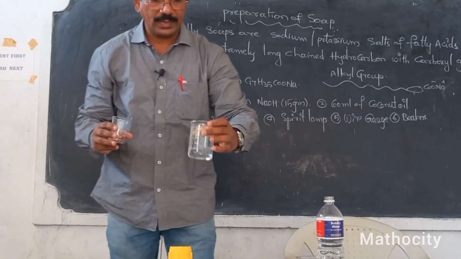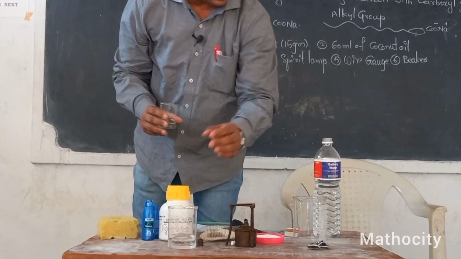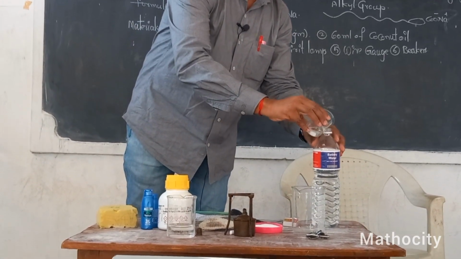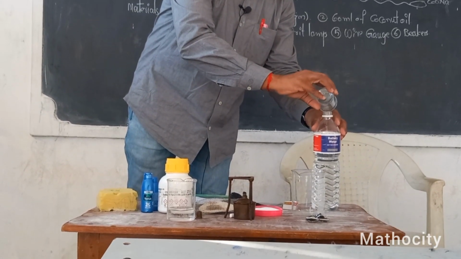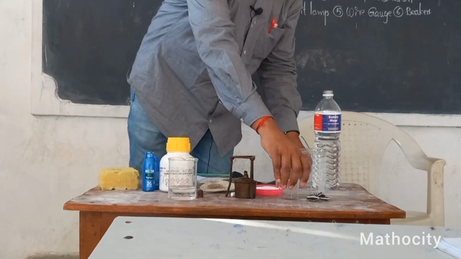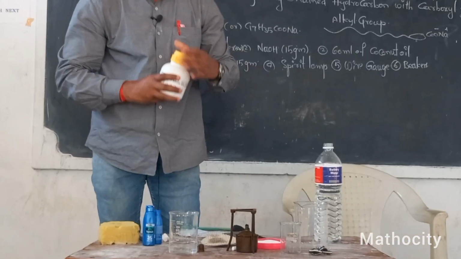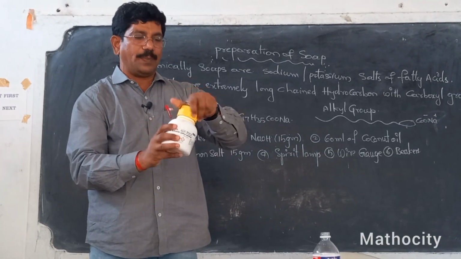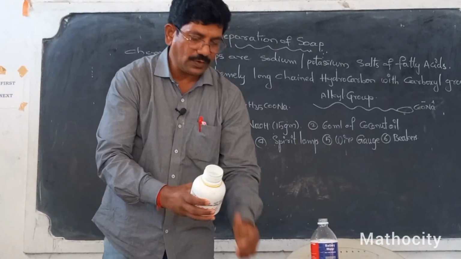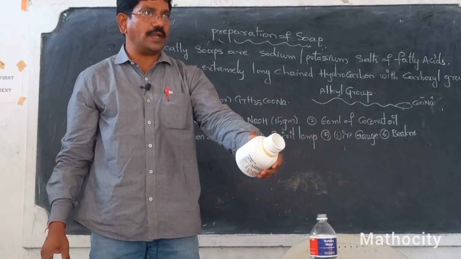Next, I am adding 15 grams of sodium hydroxide pellets, which are white in color.